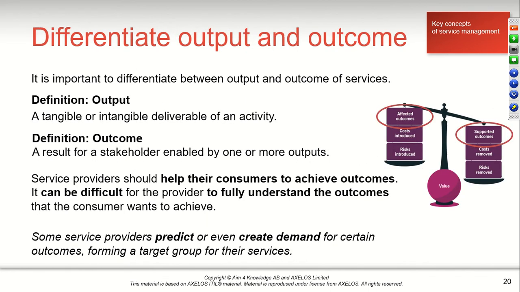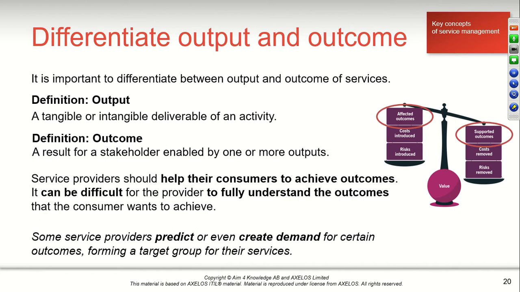All right. We also differentiate between output and outcome. We said that output refers to tangible or intangible delivery of an activity. So the activity delivered by a provider organization, by the IT unit of a provider organization, is what we call output.